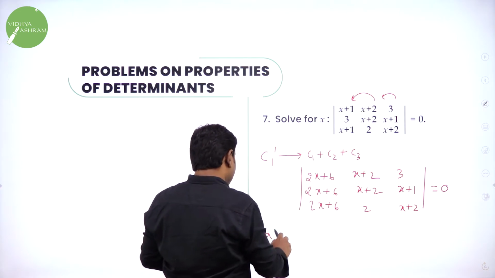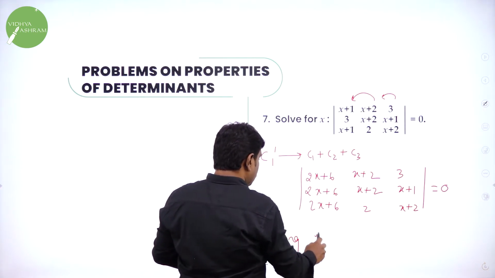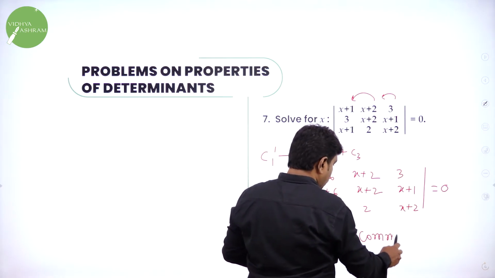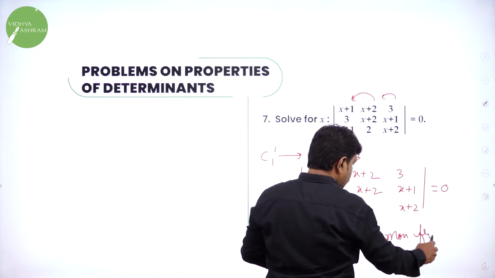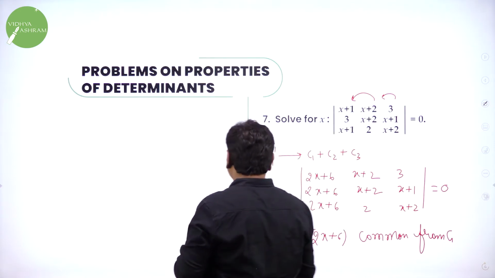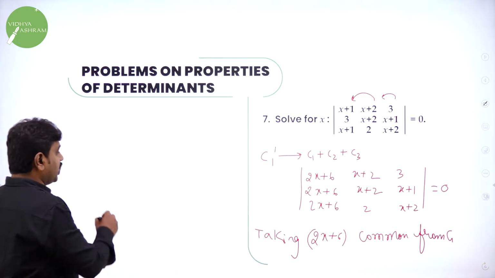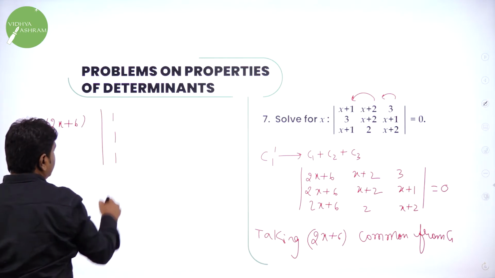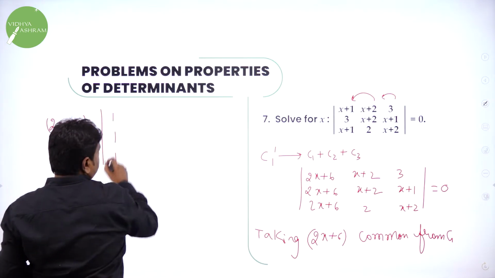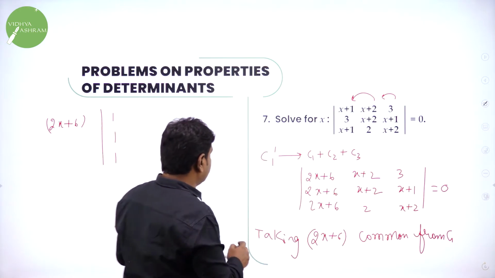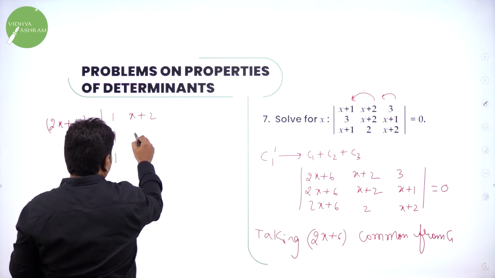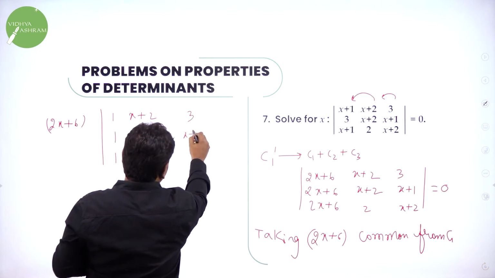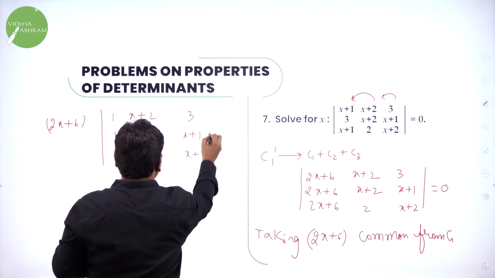So taking 2x plus 6 common from column 1, we get 2x plus 6 into 1, 1, 1, and the remaining, x plus 2, x plus 2, 2, 3, x plus 1, x plus 2, equal to 0.